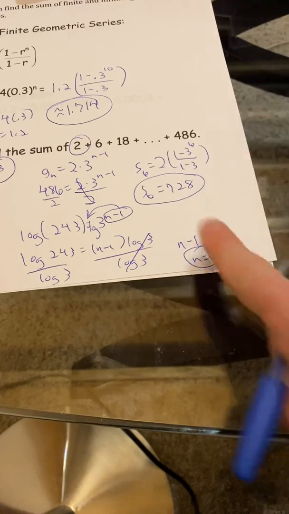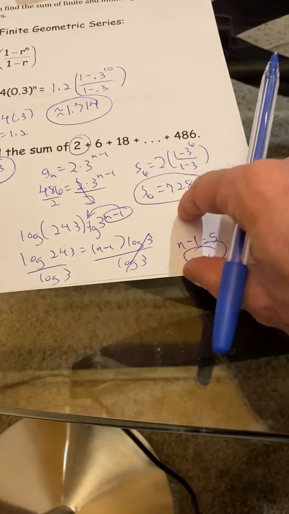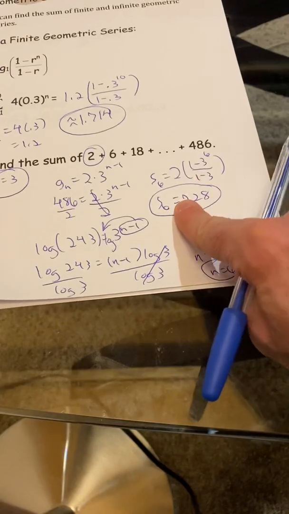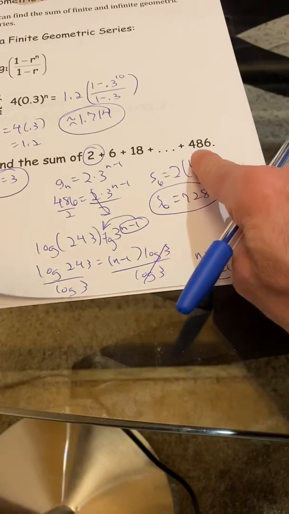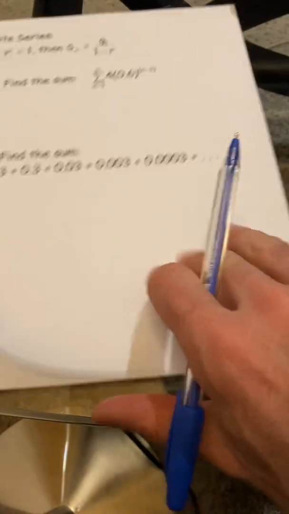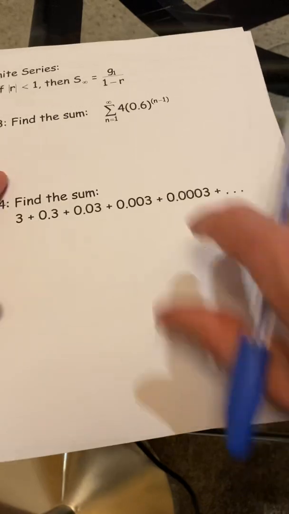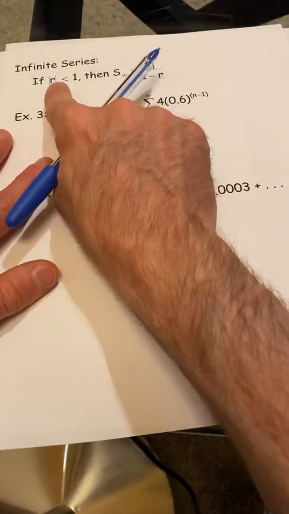Geometric series have a tendency, they will get pretty big pretty quickly, so that's the reason that even with only 6 terms you can see that the sixth term is already getting pretty big. So, the only other topic that does come up with these is if we have an infinite series.